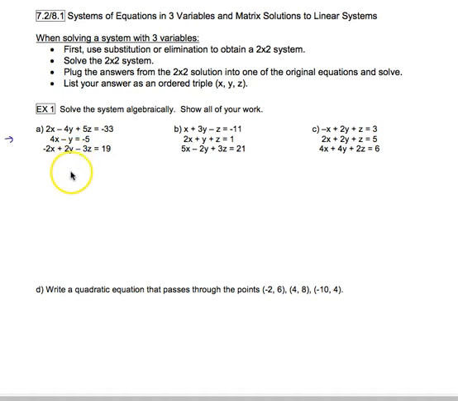So it only has the X and the Y. So really the quickest way to get a 2x2 here is to take equation 1 and equation 3 and eliminate the Z. Because if I can do that, then I'm going to have it down to 2 equations that only have X and Y. Now, when I look at my Z's, they are definitely not already opposites. So that means that I'm going to have to multiply the equations by constants in order to get opposites.